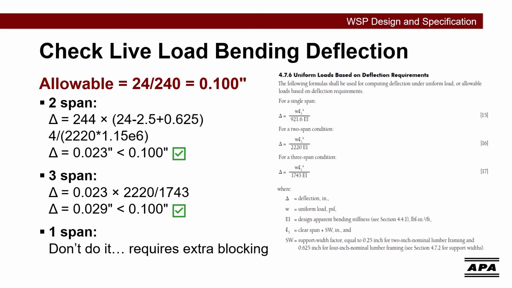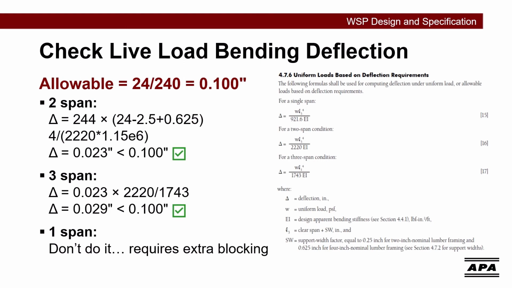Note that the L in these equations is not simply the clear span of the panel. Rather, it is the clear span plus an SW factor, which depends on the width of the framing supporting the panel. Factors are given for 2 and 4-inch nominal lumber. Since we assumed a 3x or larger framing member for this example, we'll use the more conservative 0.625 value for SW in our calculations.